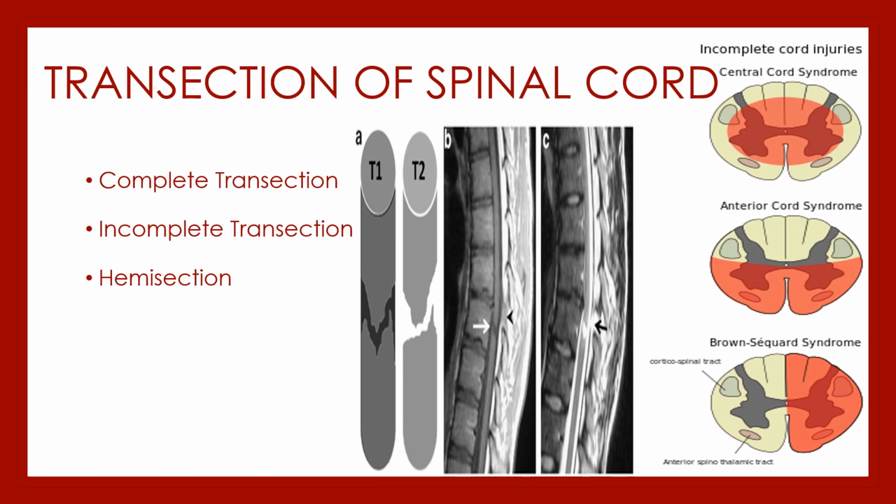Transection of the spinal cord can be divided into three types. One is complete transection, so the connection will be completely lost. Then incomplete transection, and then hemisection.